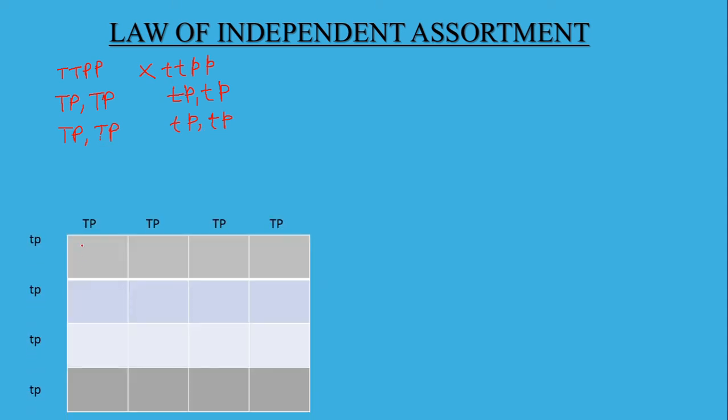If we cross these gametes, then we will get capital T small t, capital P small p. It means heterozygous tall and heterozygous purple. Then the offspring which will be produced would have heterozygous tall and purple.